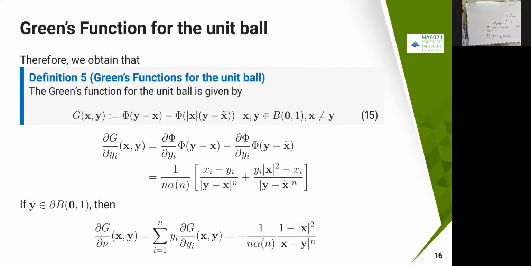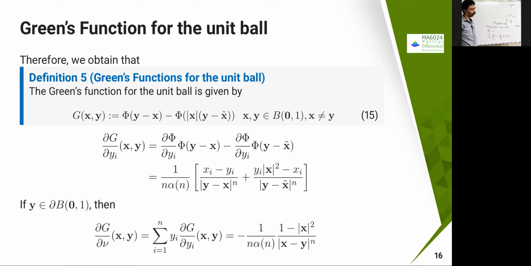For the second one, you have to use the u by v rule, and then you will get y_i into |x| squared is going to come, minus x_i is going to come. So the first term is as it is; only here it is going to change.